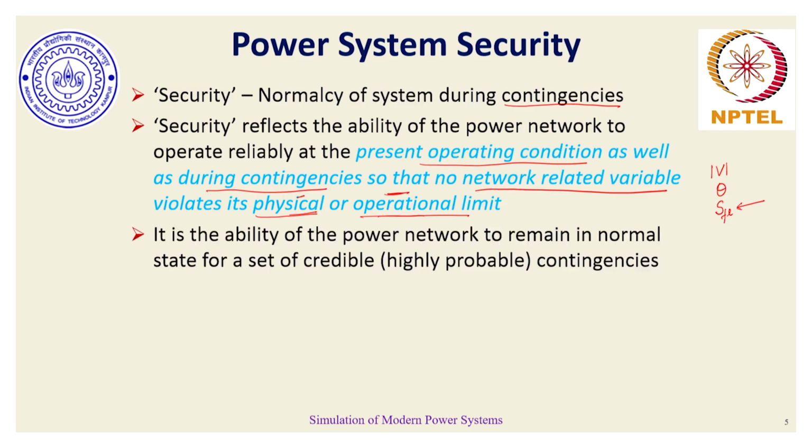In other words, security is also the ability to maintain normalcy in the power network even during contingencies. And as I mentioned, contingencies are uncertain events. So if we expect that for every probable contingency the network security should be maintained, then ideally speaking that should be the case. But often the network cost, operational cost or maintenance cost would go up, because if we start catering to all possible combinations, first of all, the number of combinations would be very, very high.